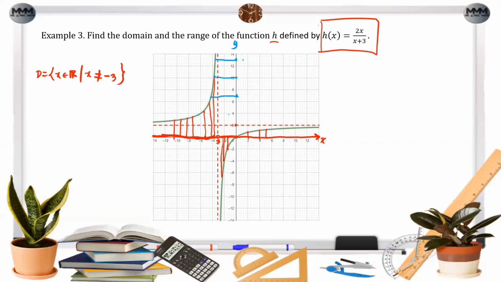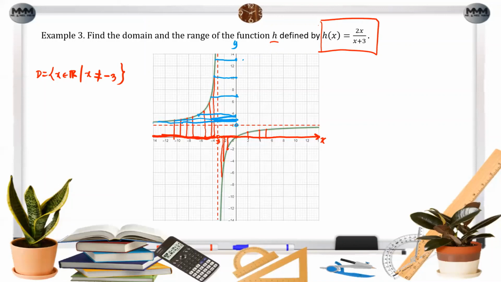So from the point here, we have the value of y. Here, value of y. Notice that the graph doesn't touch the point y equals 2. So in this case, it is hollow here. This one, hollow.